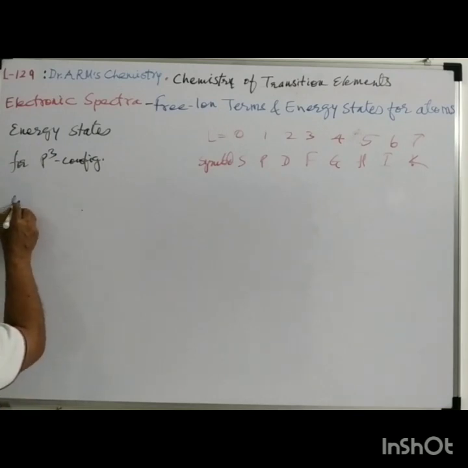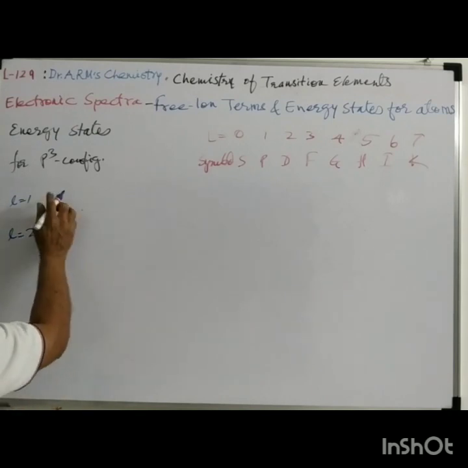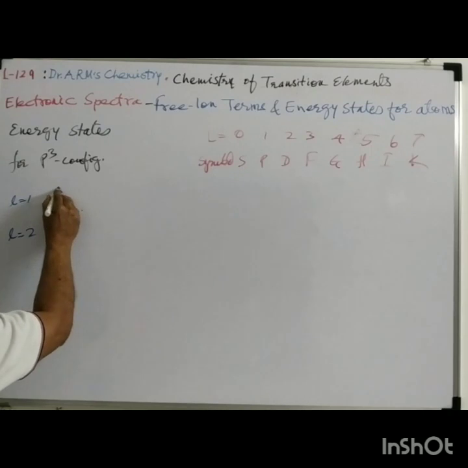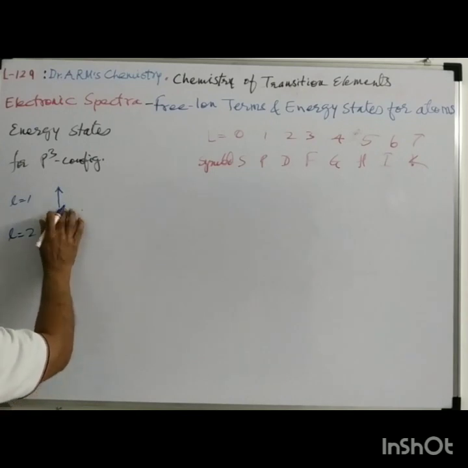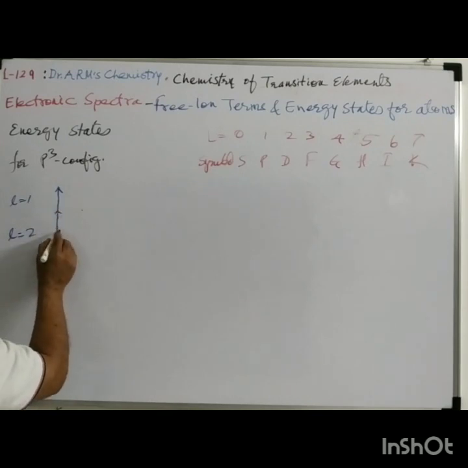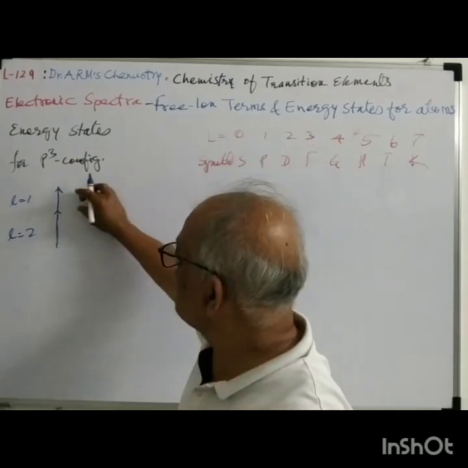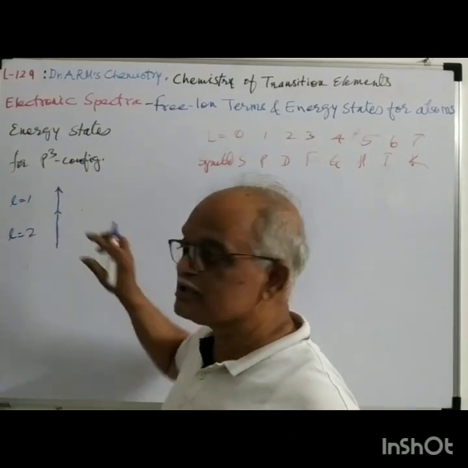Here L is equal to 1 and L is equal to 2, means the quantization of energy for one electron is a single unit and for the second electron it is double. So this is single, this is double in length, showing the quantization of energy.